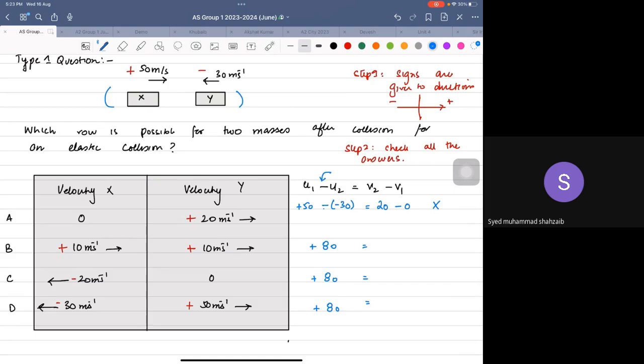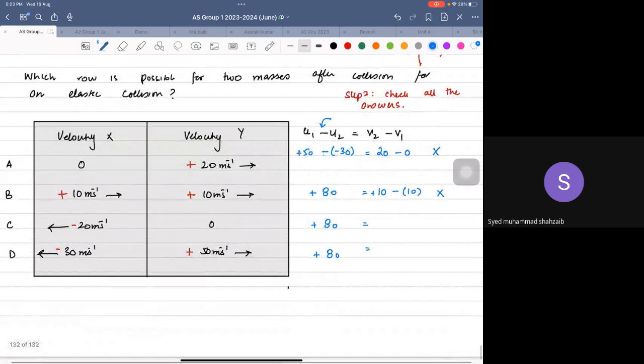Then in the next, 10 minus 10 would be 0, so 80 equals 0 is inelastic, so I'm going to cancel it out. Finally, for the next one, check this: minus 20 and minus 0. So 80 is not equal to minus 20, so that is also out.